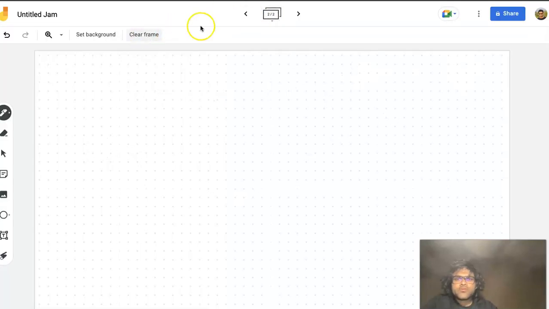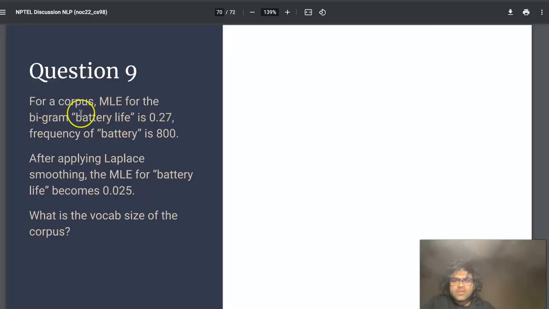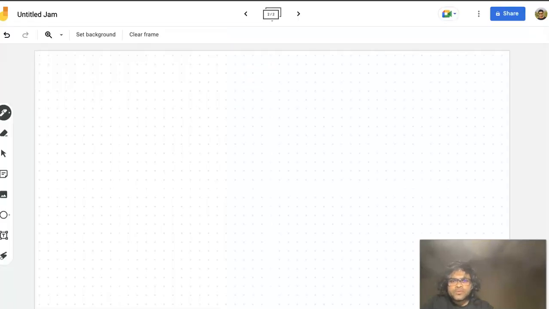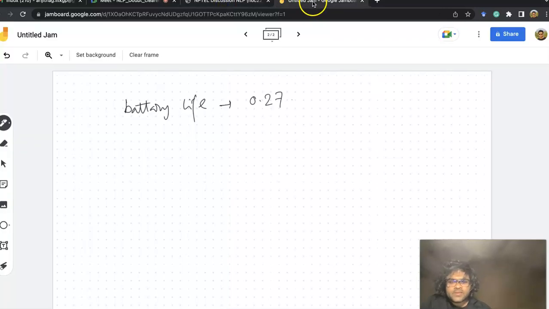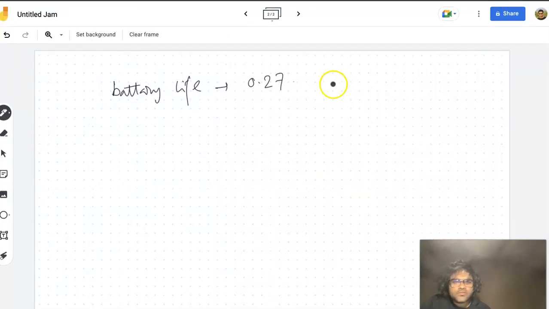Okay, so let me do it. The question says that the bigram "battery life" MLE is 0.27, and the frequency of "battery" is 800.